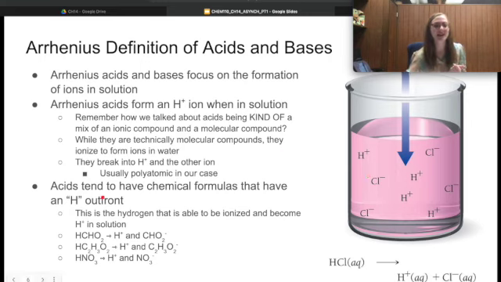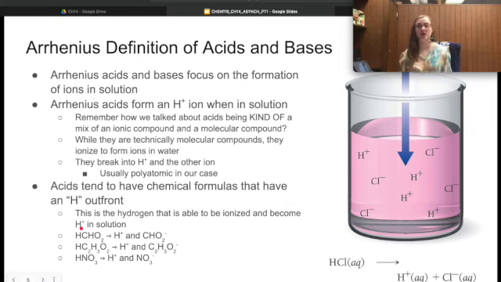One way you can identify acids is that it might have a hydrogen out front in the chemical formula. This is the hydrogen that is able to be ionized and become H+ in solution. For example, here we have formic acid, with the chemical formula HCHO2. Now we have 2 hydrogens here, however only one of them can be ionized into that H+ that we could find in solution.